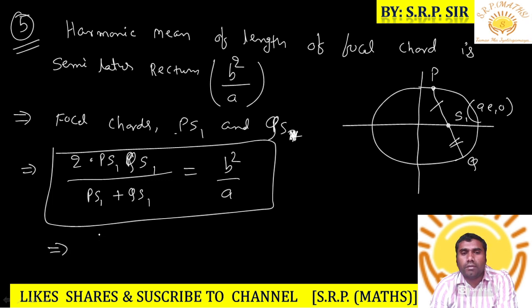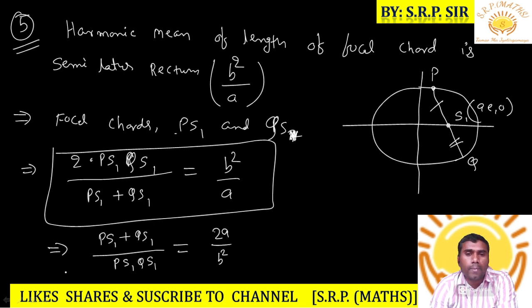If you take the reciprocal, it will be PS1 plus QS1 divided by PS1 into QS1, and the 2 will also come, so it will be a by b square, so we write 2a by b square, okay.